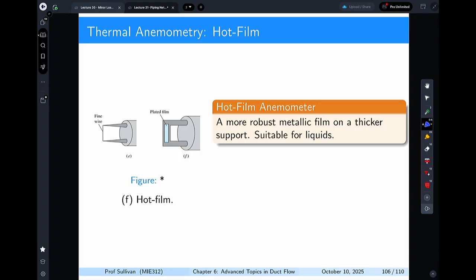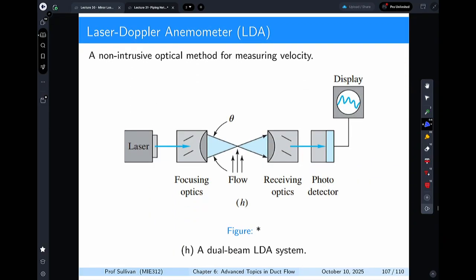They don't respond beyond maybe about 1 kilohertz. They're thicker, they're slower, but they work really well in liquids, and my colleague up at UTIAS, Professor Ekmeshi, is the one who uses that. I've used LDV in the past, mainly for very complex environments.